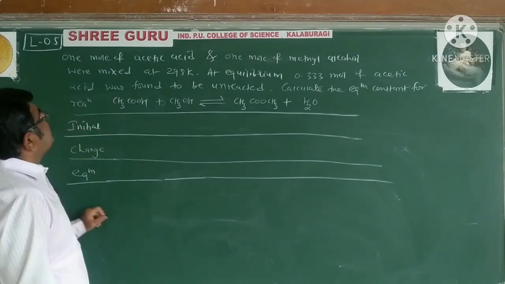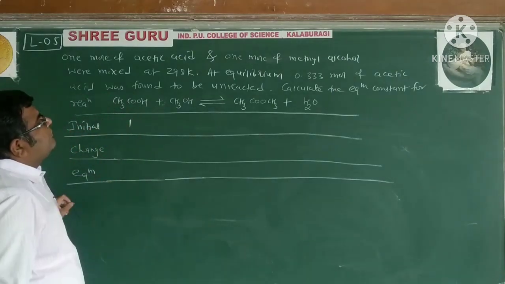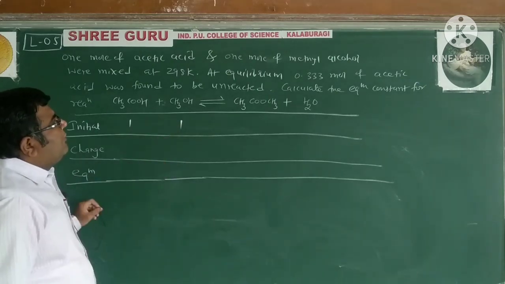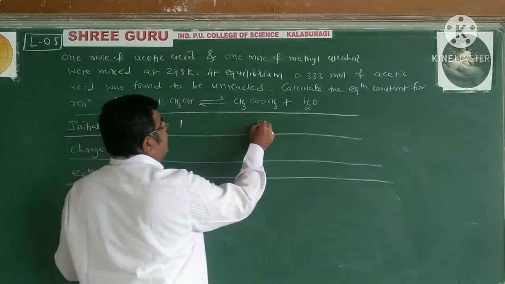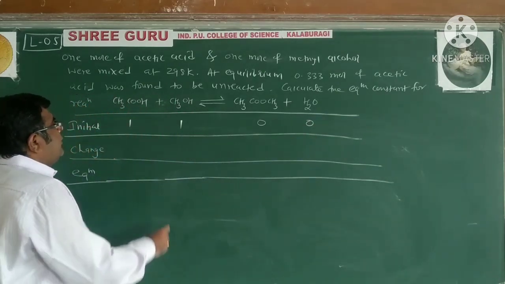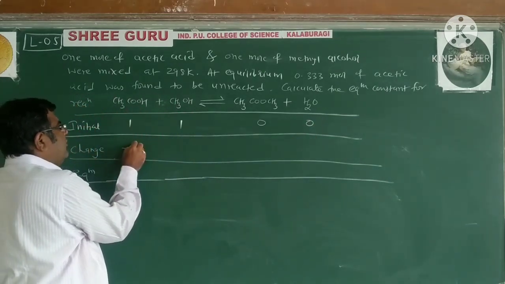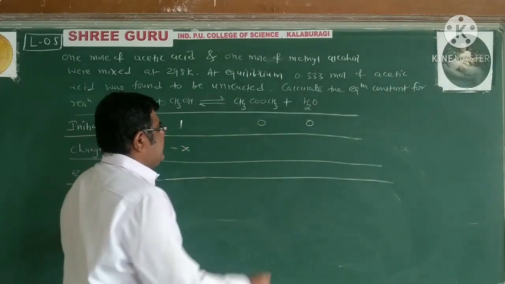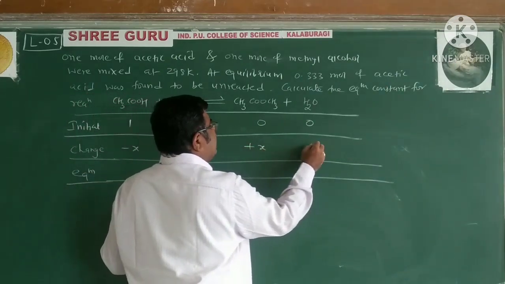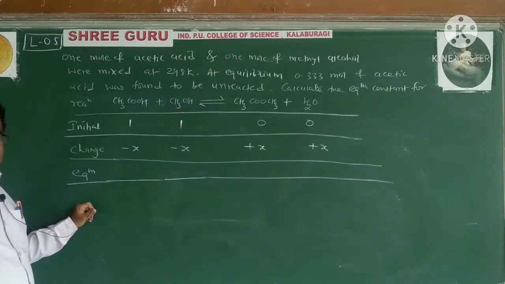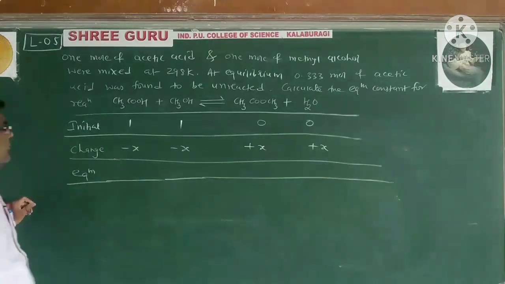Initial concentration is 1 mole of acetic acid and 1 mole of methyl alcohol, products of course 0. If it is 1 mole, x disappears from the reactants and the same amount is formed, x and x, because there is also 1 mole.